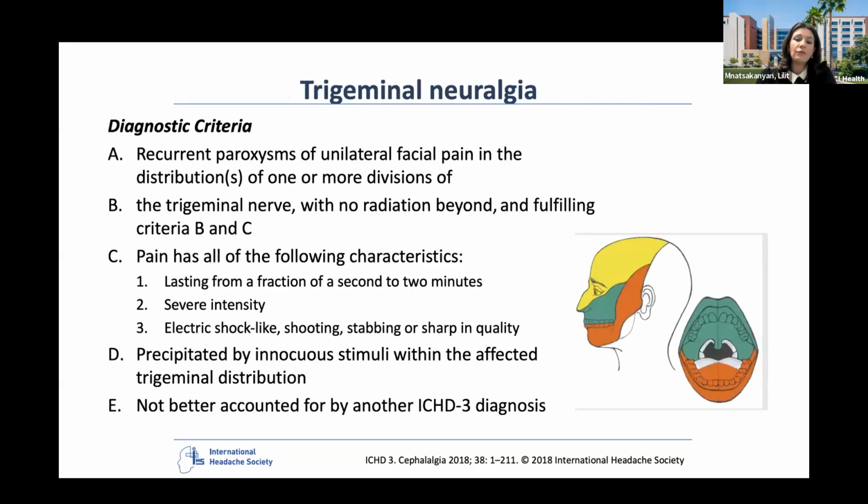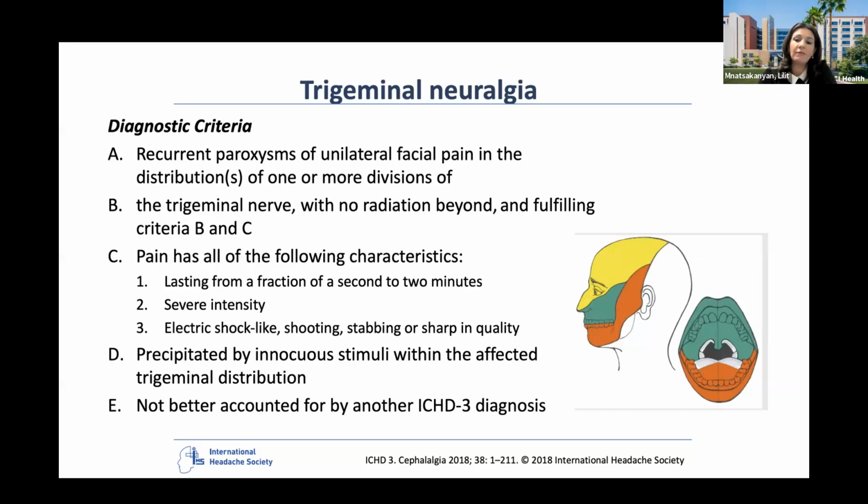Now, there's a large list of cranial nerve disorders that could mimic or are included in the facial pain categories. The common one, though rare, is trigeminal neuralgia, which is a unique type of shock-like, electrical shock, shooting, stabbing pain that occurs in recurrent paroxysms.